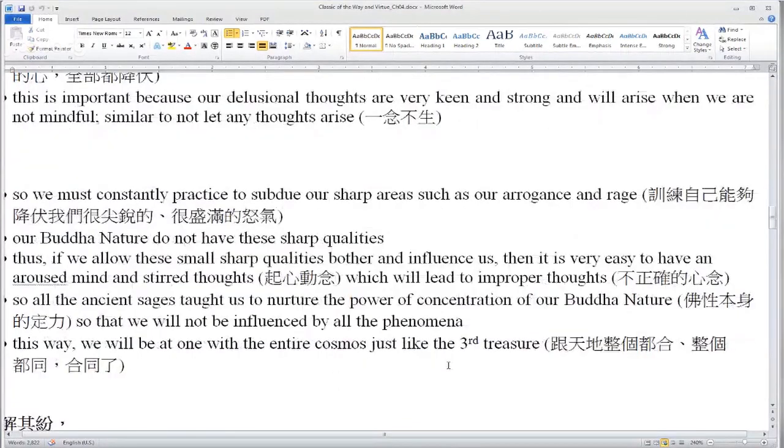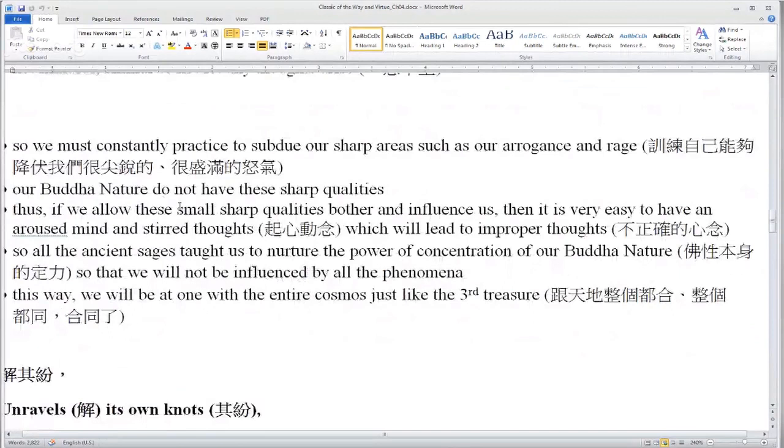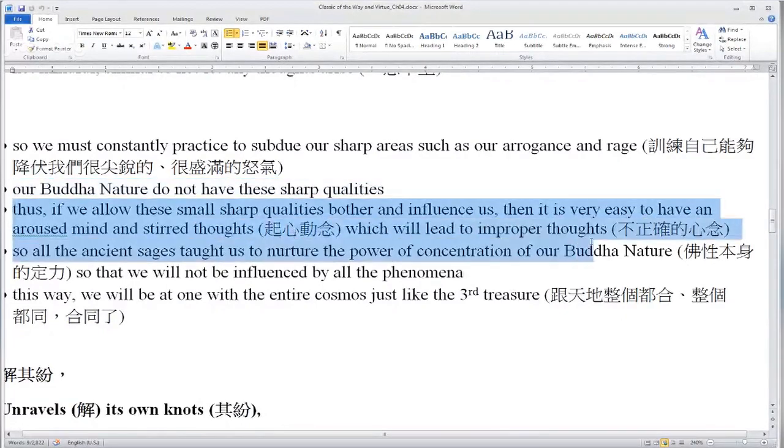So we must constantly practice, because our Buddha nature has no sharp qualities. Sharp edges means strong will, arrogance, etc. As a matter of fact, arrogance is one of those five dull temptations that we have to be careful of.